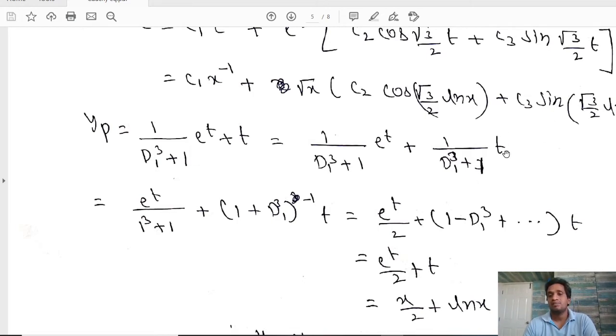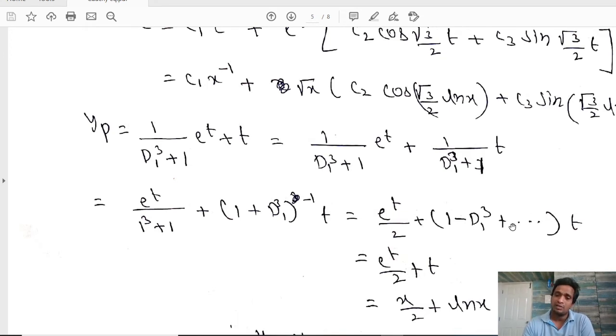So this is in the x power n form. So what I am doing, I am bringing the denominator to the numerator, that is (1 plus D1 cube) whole power minus 1 into t. So this value becomes e power t by (1 cube plus 1), that is 2, plus this is the expansion of (1 plus x) whole inverse, that is 1 minus x plus x square and so on.